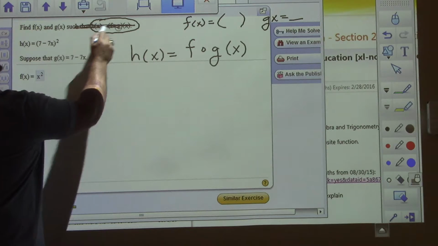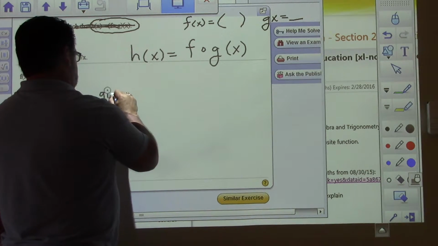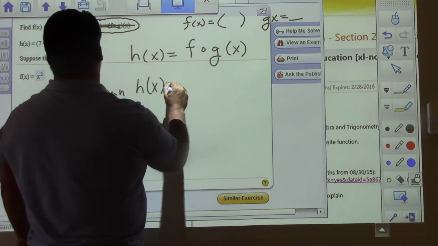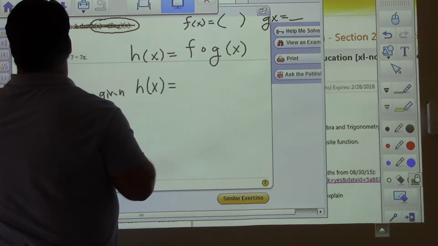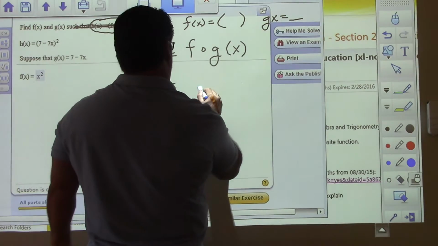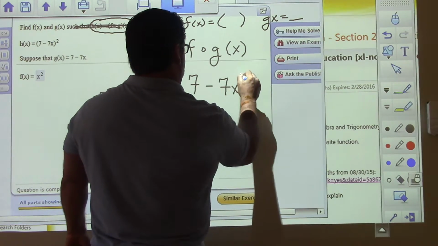Now they are giving us h of x. h of x is equal to what? 7 minus 7x quantity squared. That's right, class.